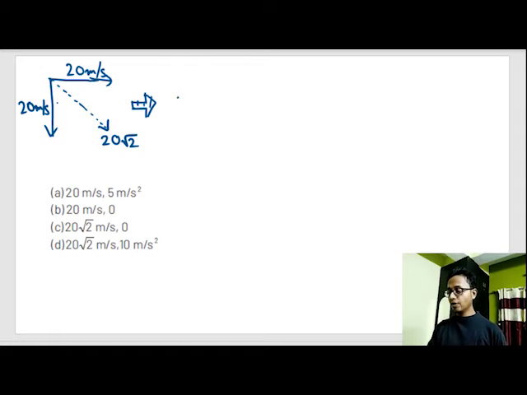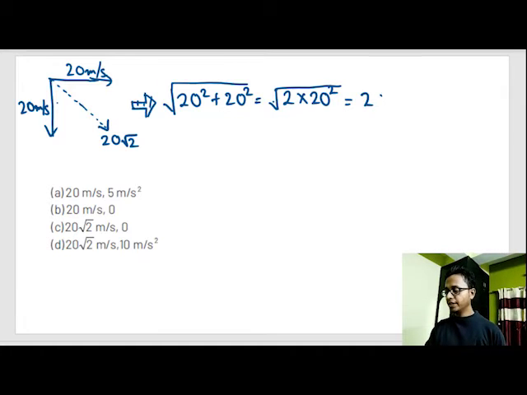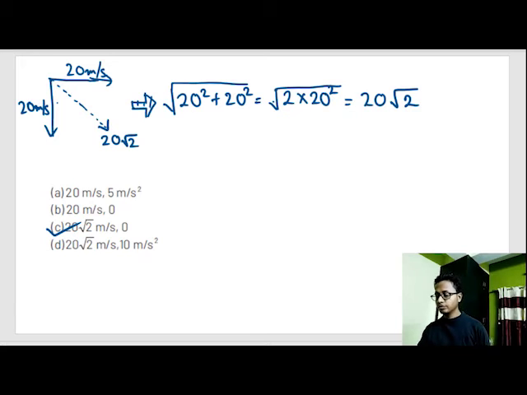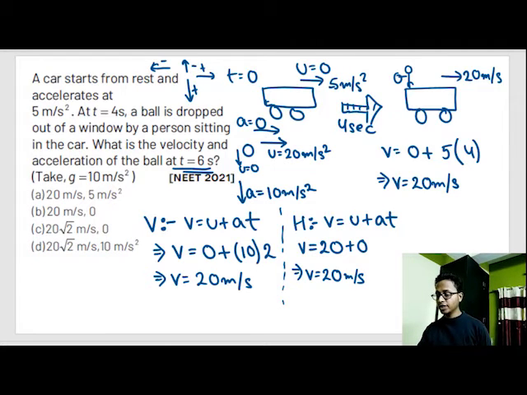If you want to see how, 20 square plus 20 square gives you 2 into 20 square, which gives us 20 root 2. So our correct option is 20 root 2, with acceleration 0. Our correct option is option number C.